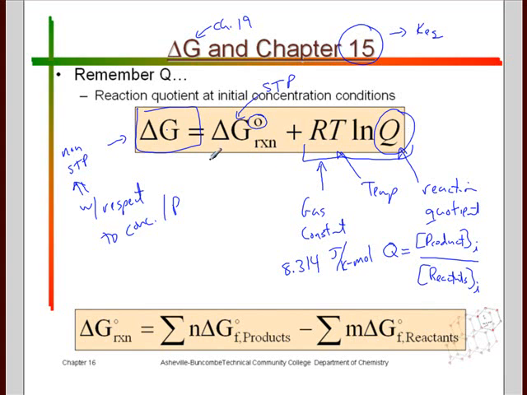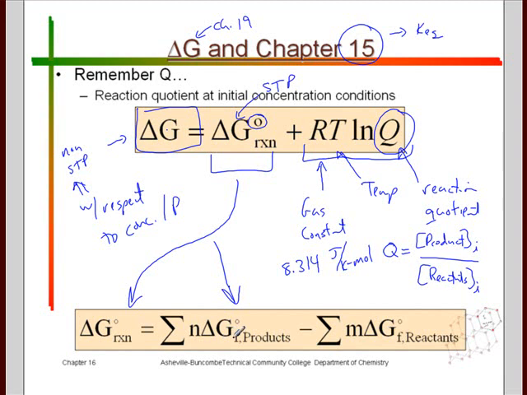Now, this delta G here is simply this formula that we've already dealt with in many different forms, whether it's calculating delta G naught directly or the delta S naught and delta H naught for a reaction, the same setup. And so we see this type of reaction playing a role here.